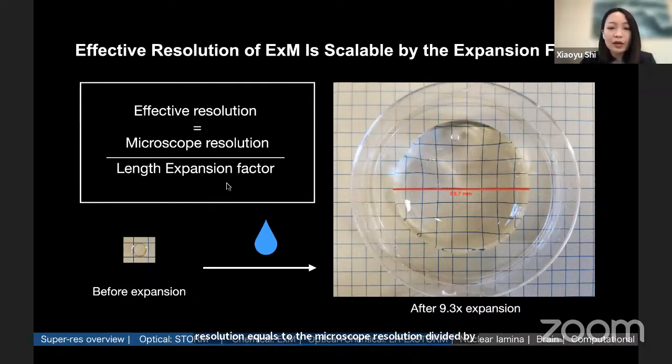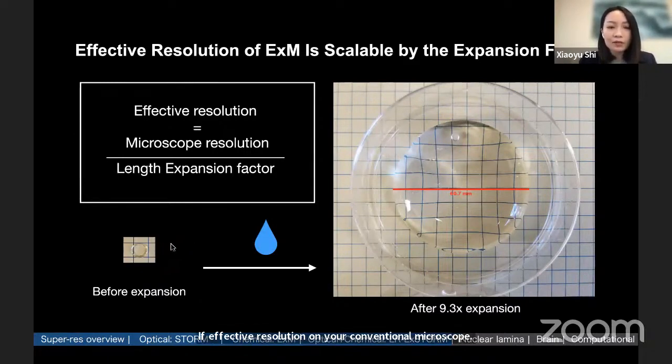For example, if you have a conventional fluorescence microscope that gives you 250 nanometer resolution, and you expand your sample 10 times, like what we are doing in this slide, then your effective resolution will be 250 nanometers divided by the 10 times expansion factor. That will give you about 25 nanometer effective resolution on your conventional microscope.